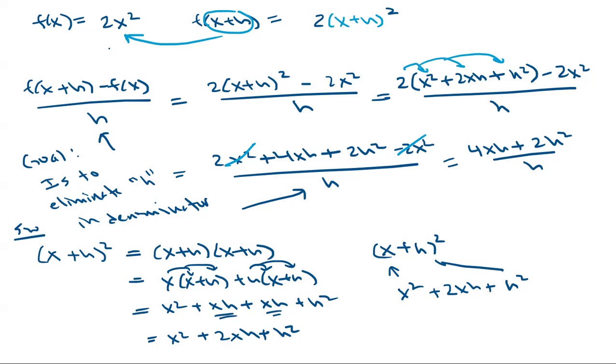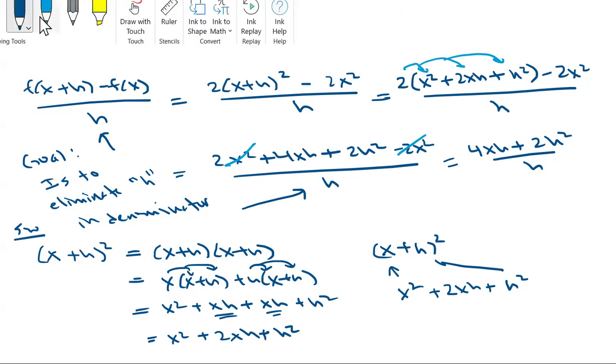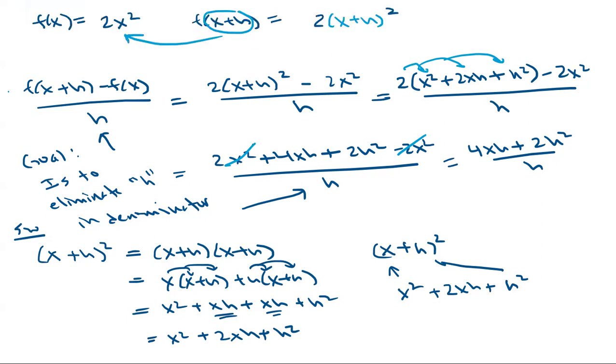So we're able to do that. All right? So we can factor out the h here. So we have equals h times 4x plus 2h, divided by h. And then this h here is going to go away, leaving us with 4x plus 2h.